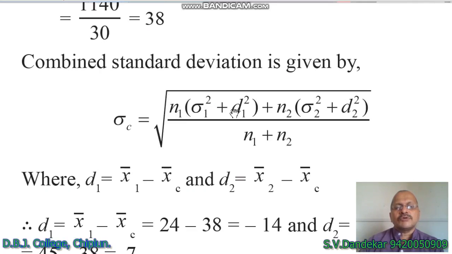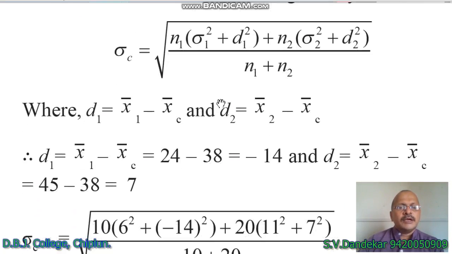into sigma 1 square plus d1 square plus n2 into sigma 2 square plus d2 square divided by n1 plus n2. Now here d1 is x1 bar minus xc bar, that is 24 minus 38 equal to minus 14, and d2 is x2 bar minus xc bar, equal to 45 minus 38 equal to 7.